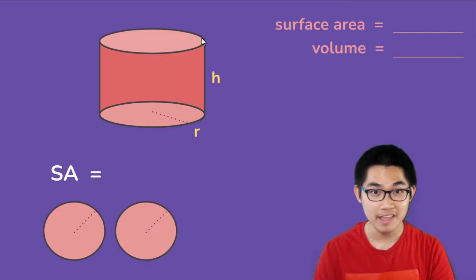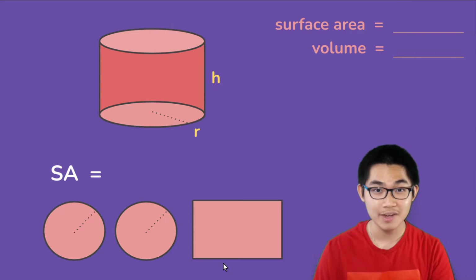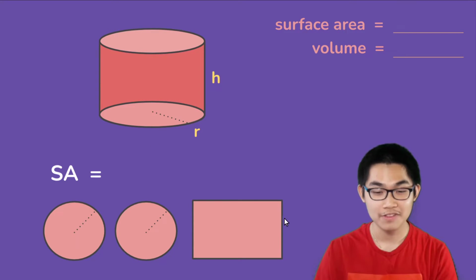And the way I like to think about it is if you take a scissor and you cut the cylinder right here, and then you unfold it, this shape turns out to be a rectangle. The height of the rectangle is the same as the height of the cylinder. Now, what about the base?